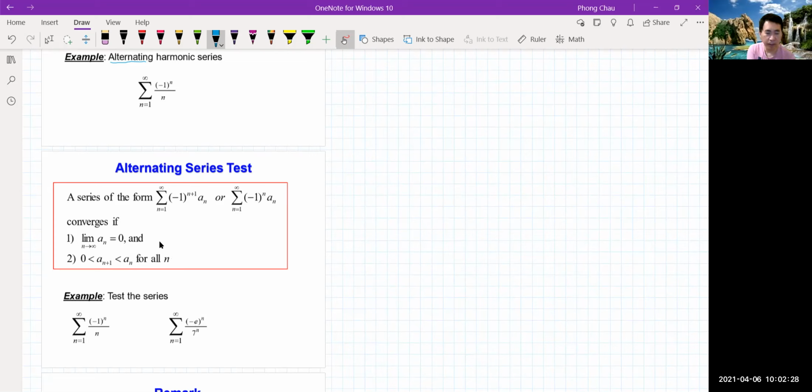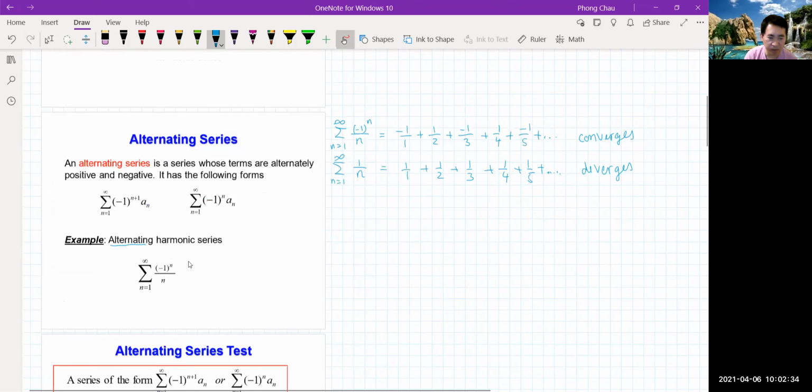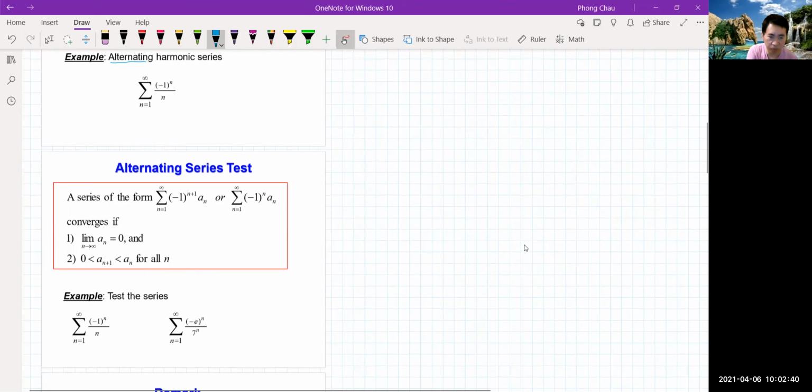Now, look back at the example we have up here, that series. I told you that it converges, but here's what we're going to do using the test. If you use this test, you need to identify the a sub n. The a sub n is just the terms without the (-1) to the n part, or in other words, just the positive terms of the series.